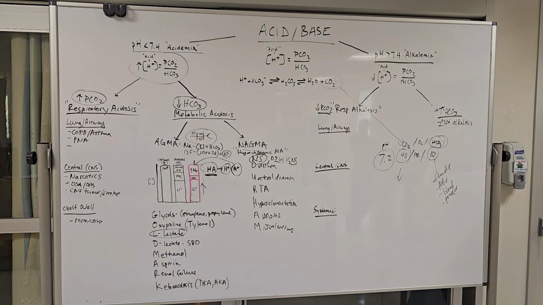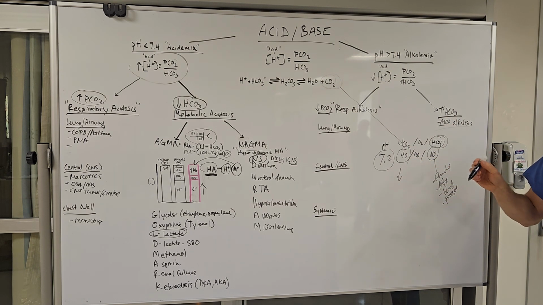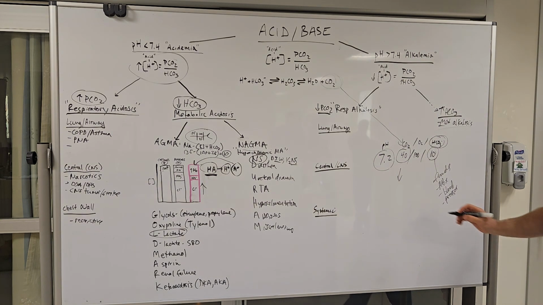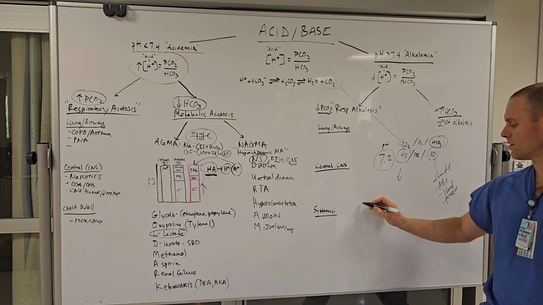So would you say that if the CO2 was on the more alkalic side, it would only be a metabolic acidosis then? Yeah, and there's a way, and I won't get into it here, to figure out: for your metabolic acidosis, are you compensated? Maybe that could be next week's talk. It's called Winter's formula. Little teaser.